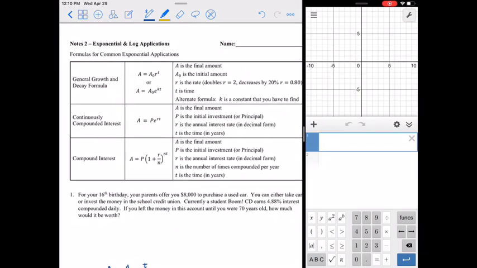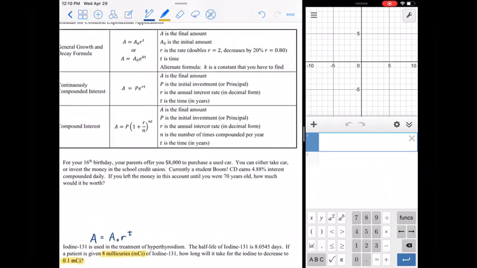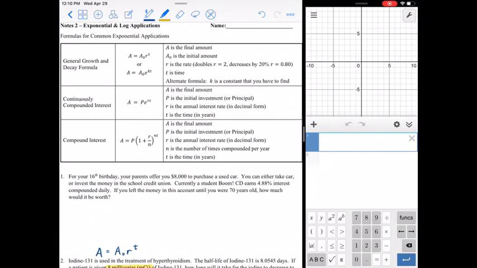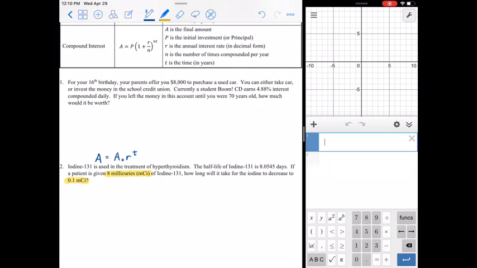When we're talking about rate, we have to look at, well, up here it's saying, if R is the rate, when we're talking about something doubling, our R is 2. When we're talking about something decreasing by 20%, our R is 0.80, right? So 100% minus 20%, that's 80%. So we're talking about half.